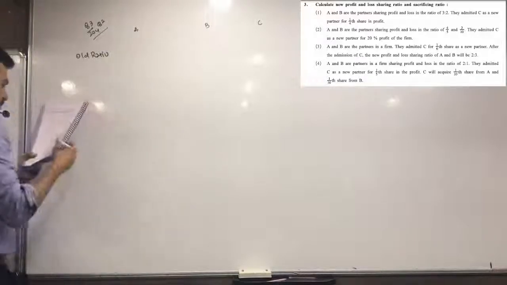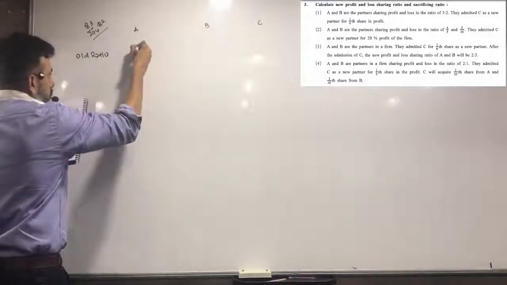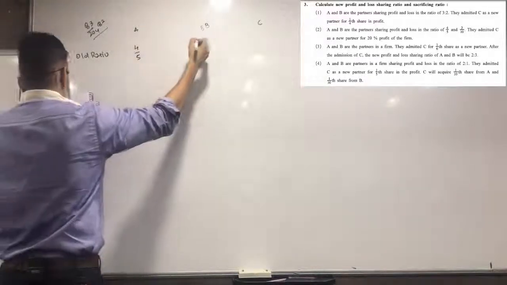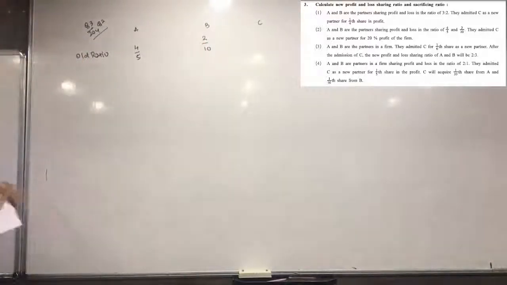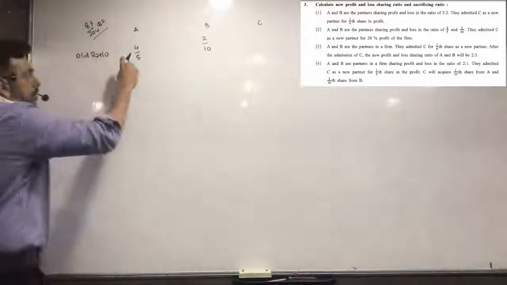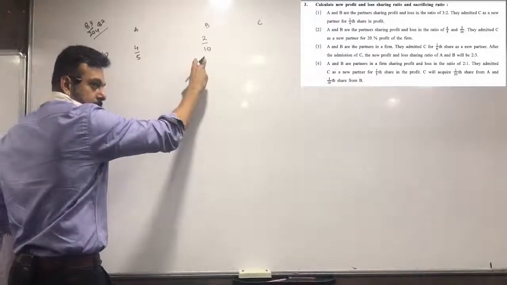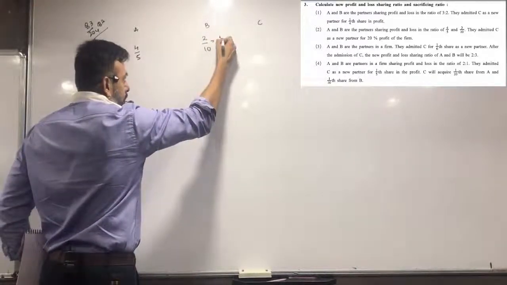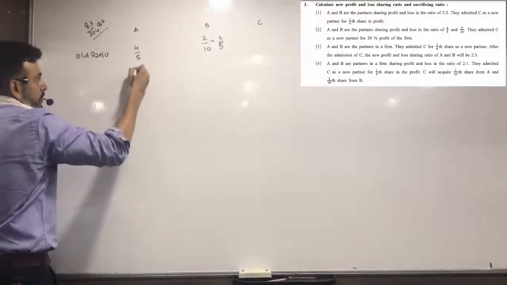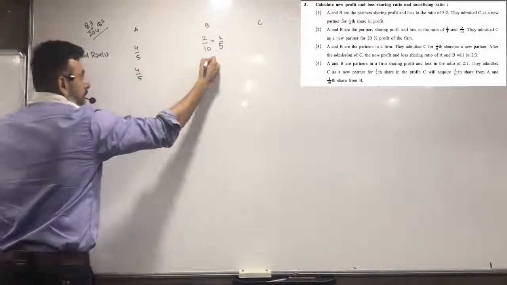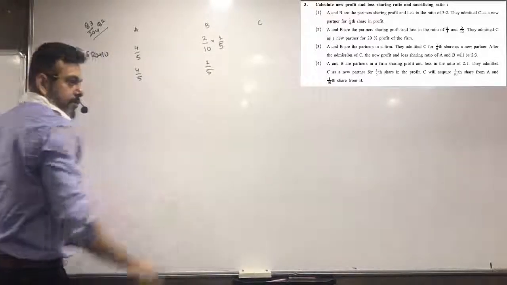Now what is the old ratio given is 4/5 and 2/10. Now if I want to make the denominator same, can I take this as 1/5? So the old ratio is 4/5 and 1/5.